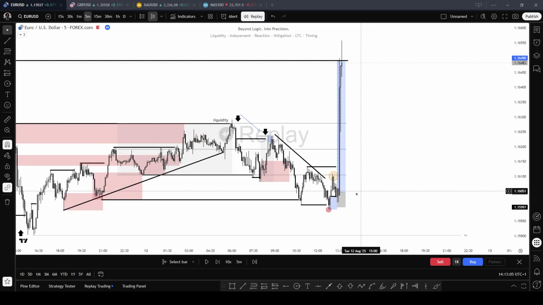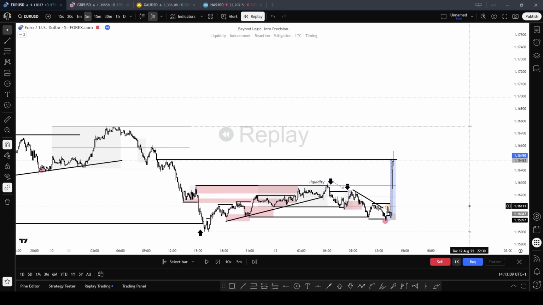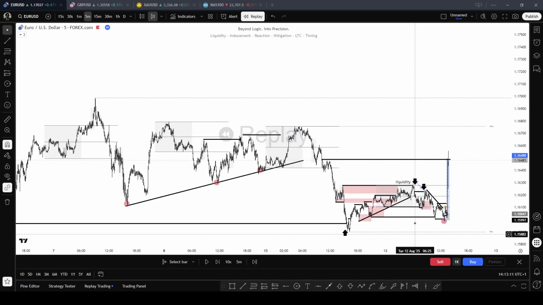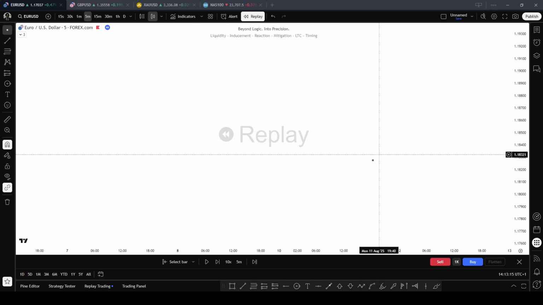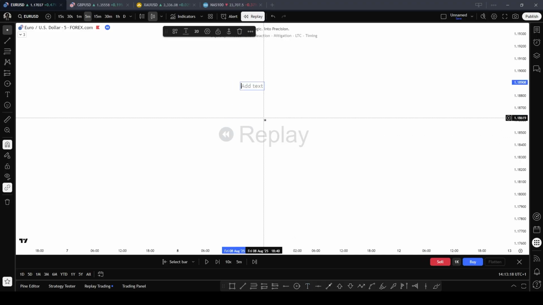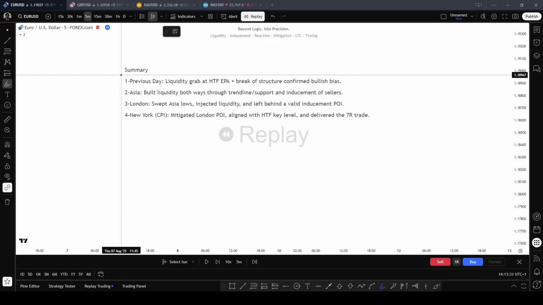So if I could summarize this whole breakdown in fewer points and give you a recap of what we have just done, it is going to be pretty much in 4 points, right? So what we did was, we analyzed the previous day first, and we understood what happened the previous day.